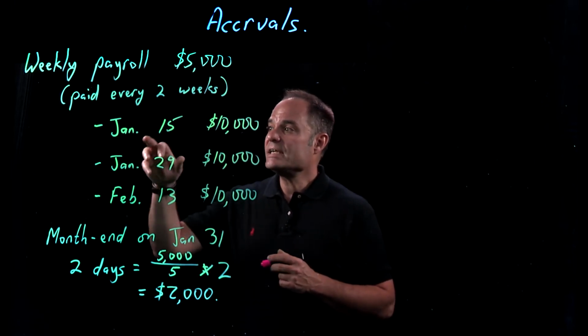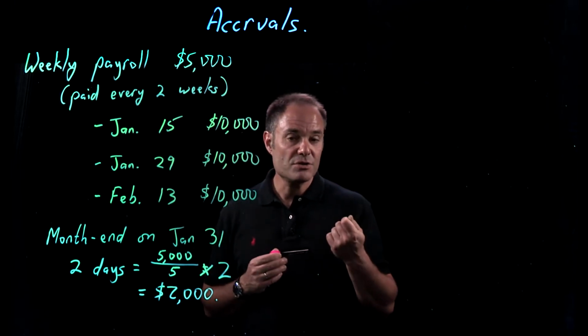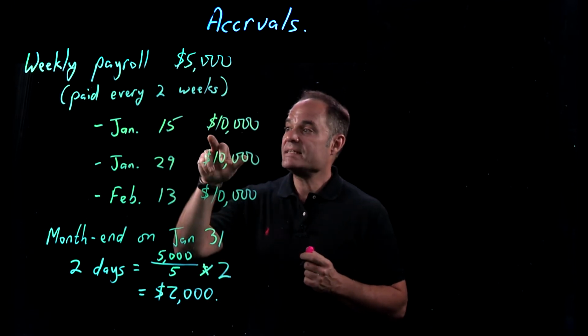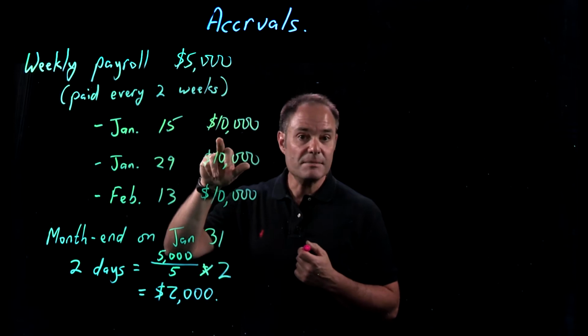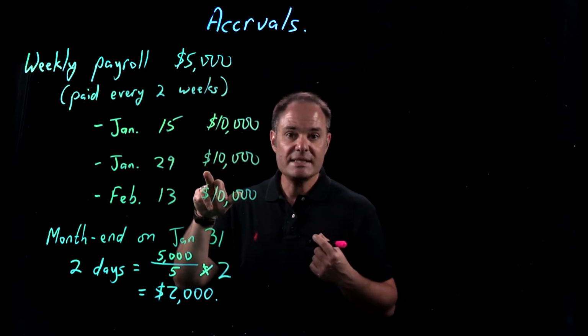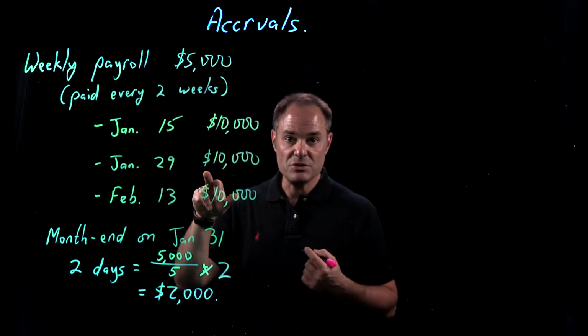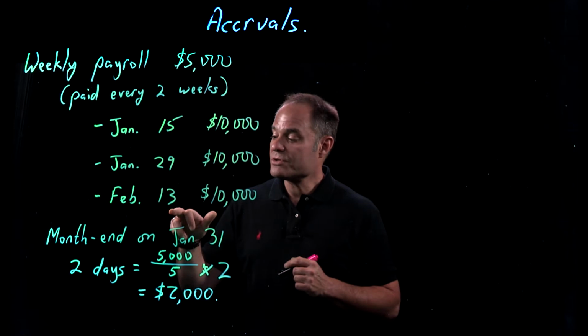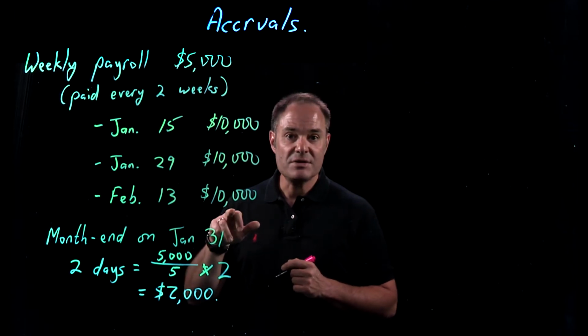So in a particular year where January 1st falls on a Thursday, and they pay every second Thursday, the first payday is going to be January 15th, and they're going to pay $10,000. Then on January 29th, 2 weeks later, the company will pay out $10,000 of salary. And then 2 weeks later, on February 13th, they pay out another $10,000.